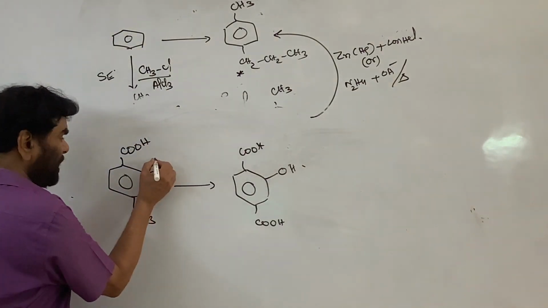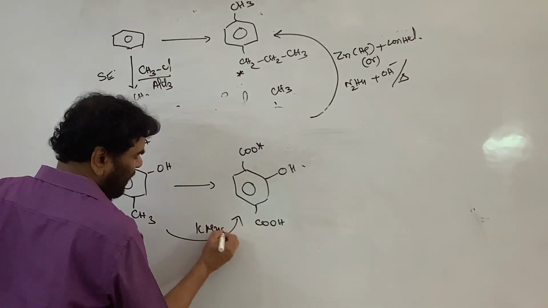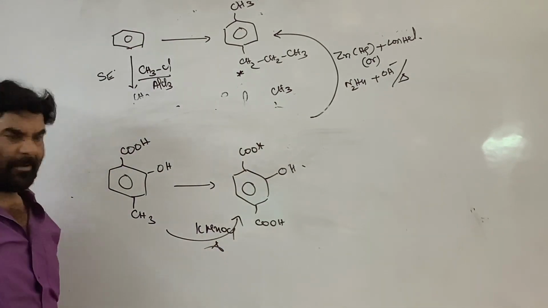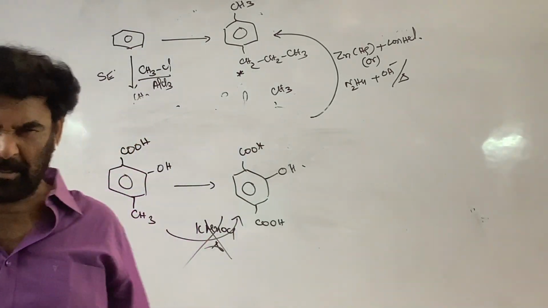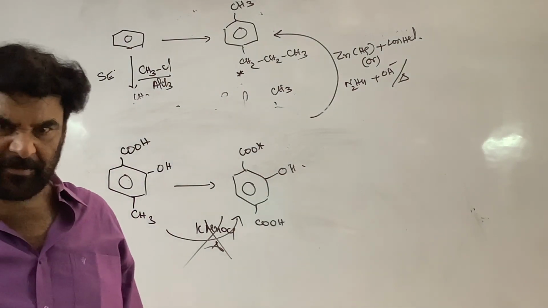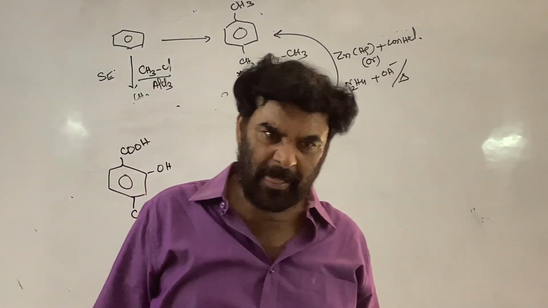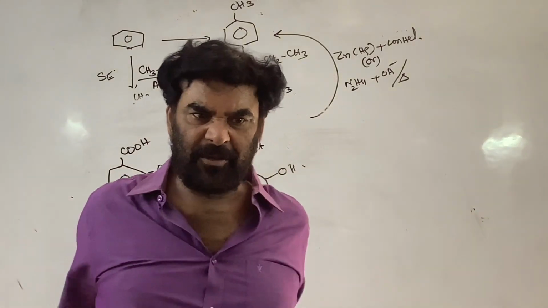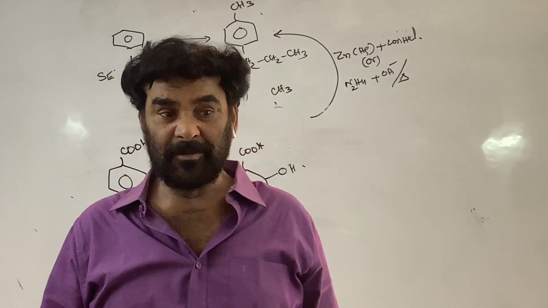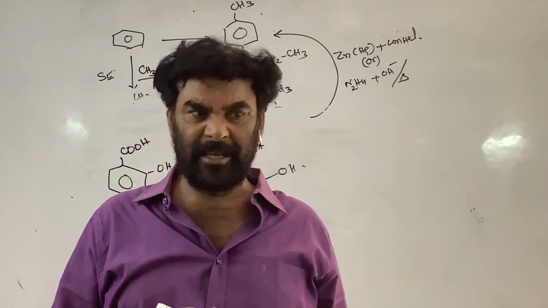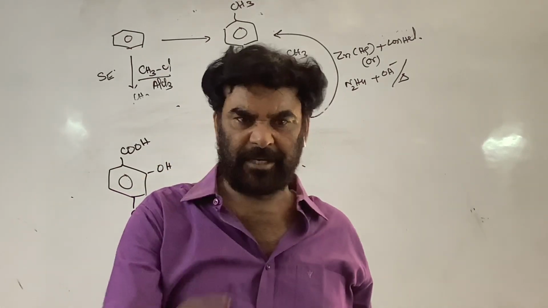Here the problem is, can we directly use KMnO4? I can write KMnO4 solution and heat it, but this is not possible. Why is it not possible? Phenols are very sensitive to oxidation. So what to do with the oxidizing agent? To carry out the oxidation on any group of a phenol, first the OH group has to be protected.